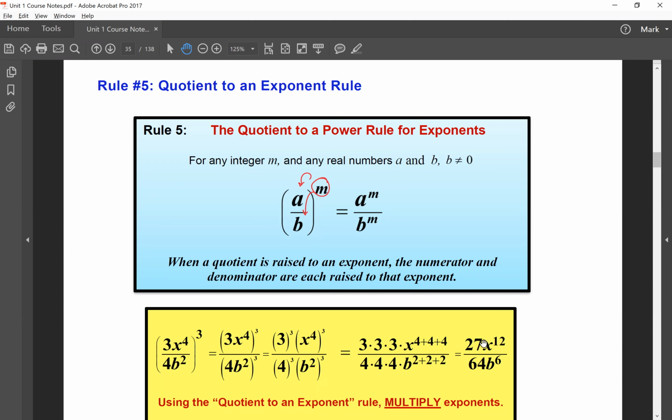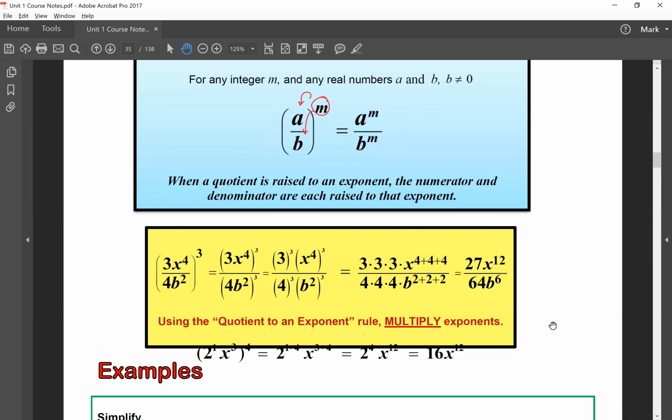There's a really good example here in the yellow box. I have a fraction, and then I have it to the power of 3. What that means is this 3 gets distributed to everything in that question. So I get 3 to the power of 3, x to the 4 to the power of 3, 4 to the power of 3, and b squared to the power of 3.